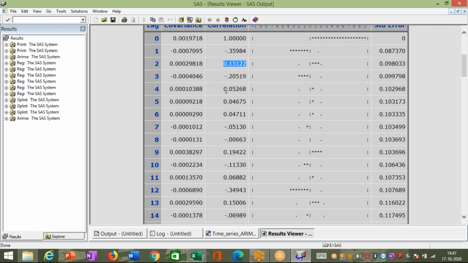Now after 11 months, the correlation has spiked back to 0.50. With the first lag, it was 0.35, and here it is again close to 0.35. So every 12 months this spikes back. So there is a rise in the spike in the ACF patterns.